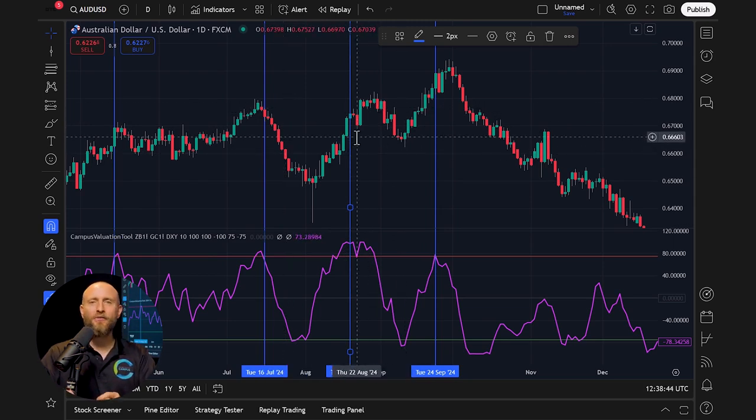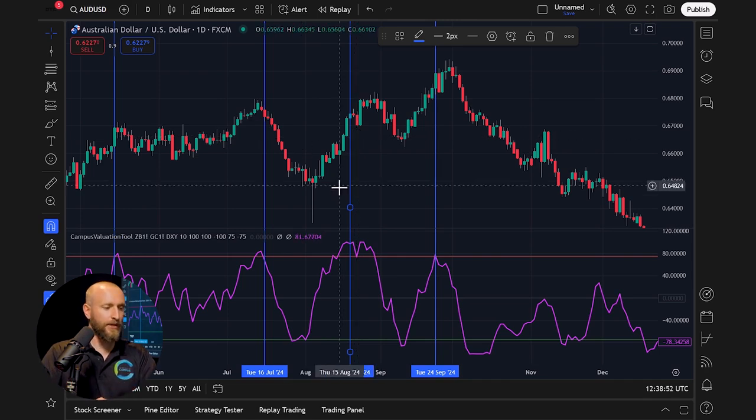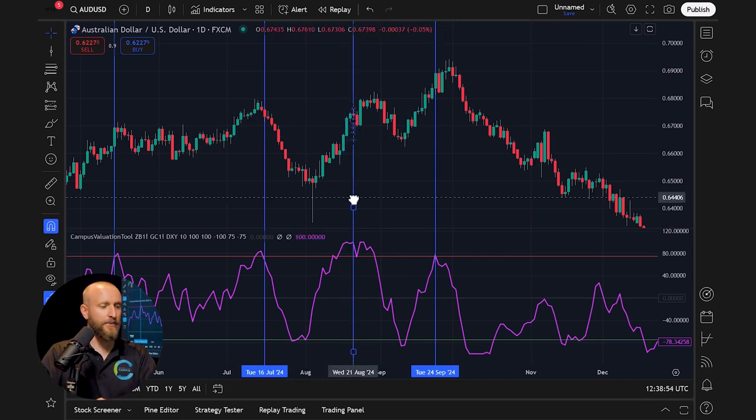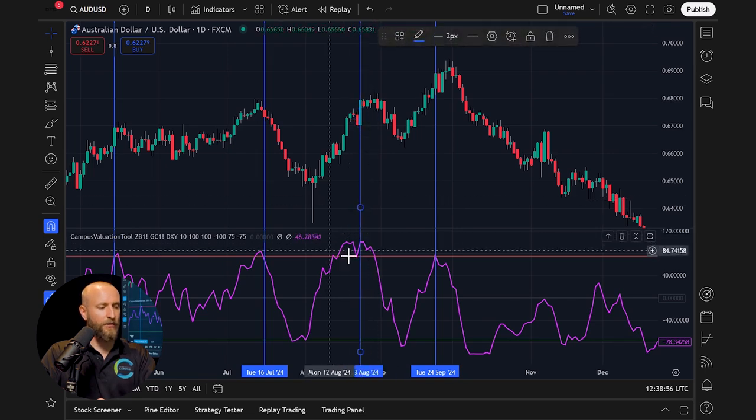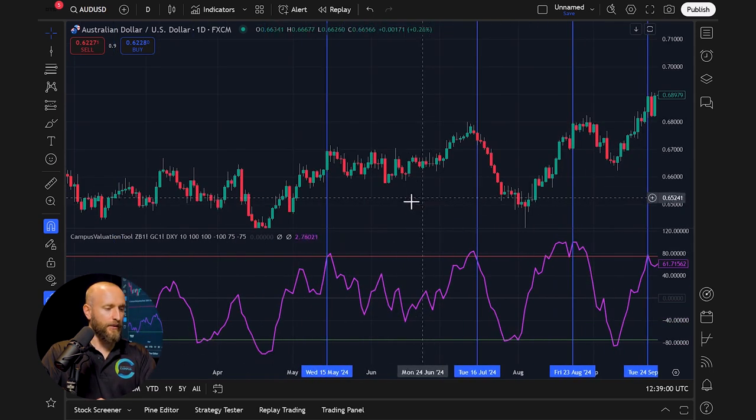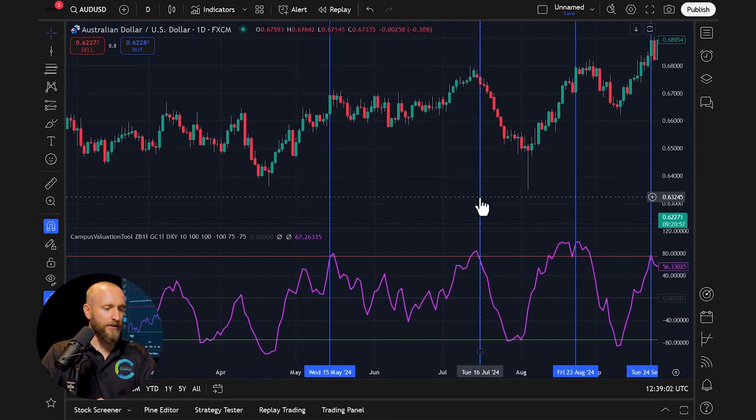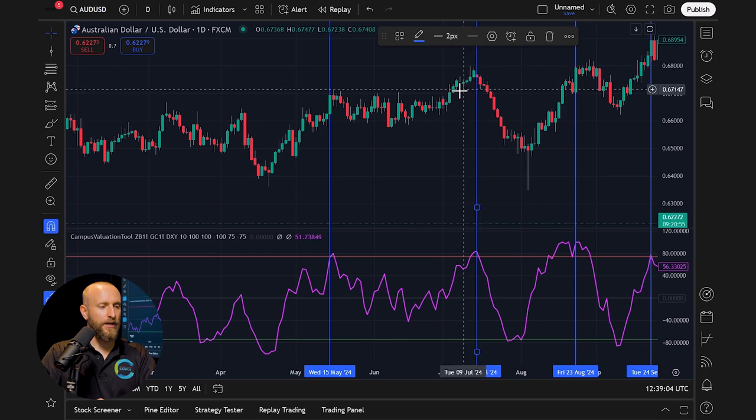So that's why we never act just on the indicator reading by itself. We always take it into consideration among other tools and obviously our technicals. But you can see that even here, in this example, while we remained overvalued, price eventually started to collapse. Then let's look at the last 2 examples. So here again, price was overvalued.